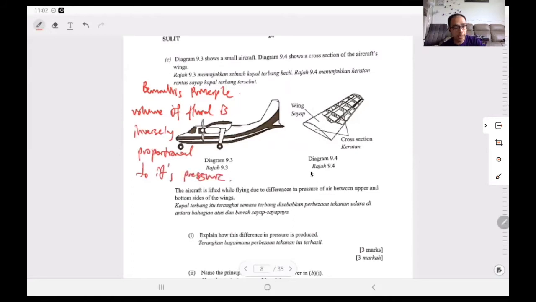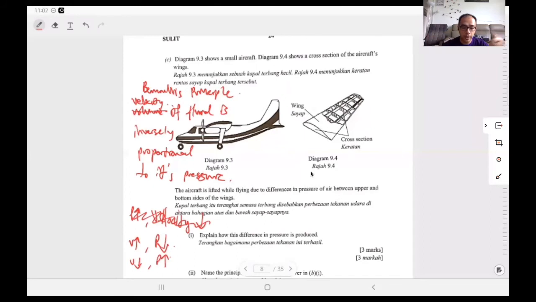Basically, the bigger the pressure, the smaller the, sorry, not volume, velocity. The bigger the velocity, the smaller the pressure. Velocity big, pressure small. Velocity small, pressure big. That's Bernoulli's principle. Velocity of fluid is inversely proportional to its pressure.